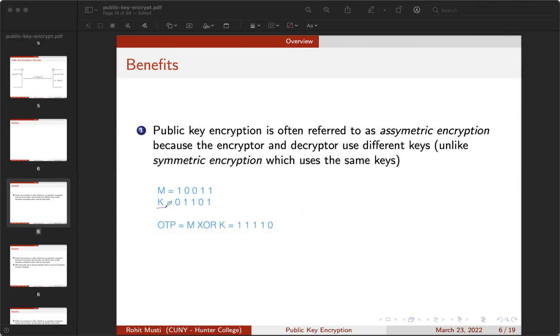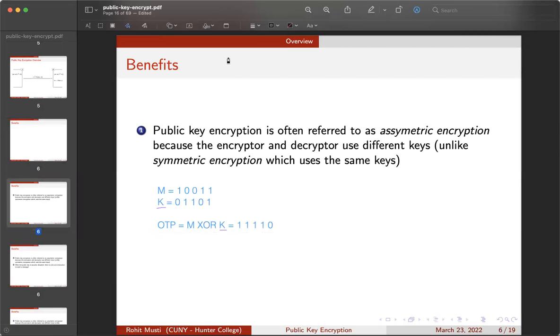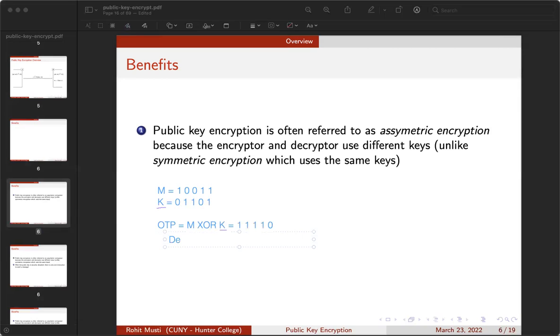this key is the same key used to encrypt the message as we will use to decrypt the message, right? Because to decrypt, the message equals the ciphertext XOR K, and 1 exclusive OR 0 is 1, 1 exclusive OR 1 is 0, 1 exclusive OR 1 is 0, 1 exclusive OR 0 is 1, and 1 exclusive OR 0 is 1.